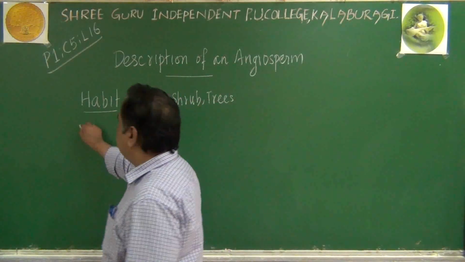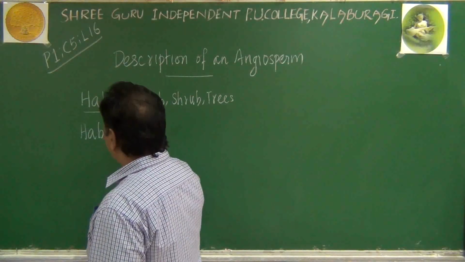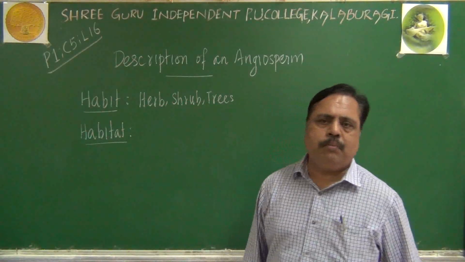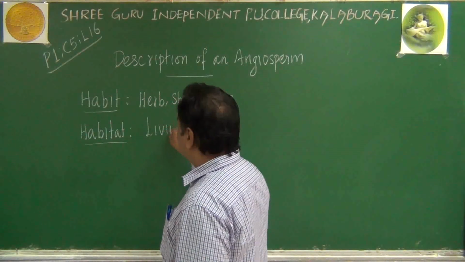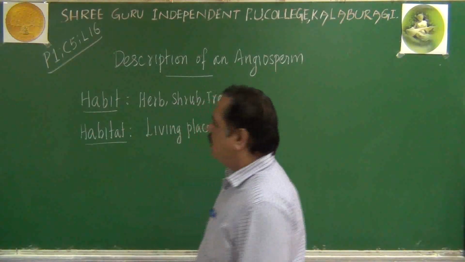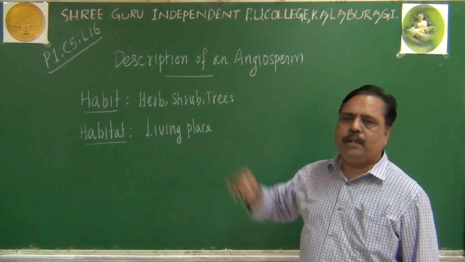The second point we can describe here is the habitat of the plant. Remember, the word habitat refers to the living place of that plant. Where does that plant live?